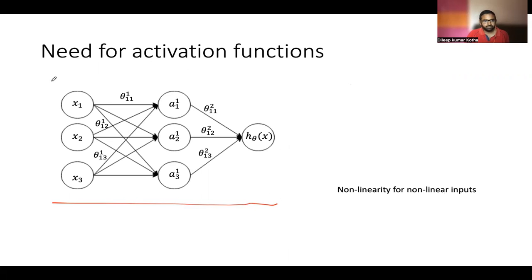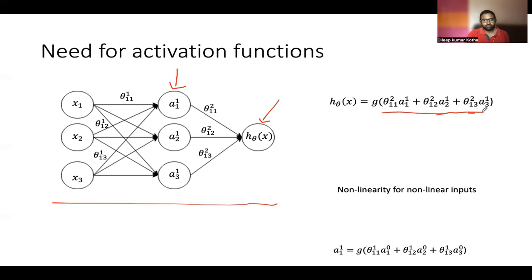If we take a simple neural network like the one shown in the picture, or any complex neural network, we will find that ultimately it is like a linear function. If we take the hypothesis at this point, it is nothing but a sum of weights multiplied by the values we are getting here, and as you can see, it looks like a linear function.